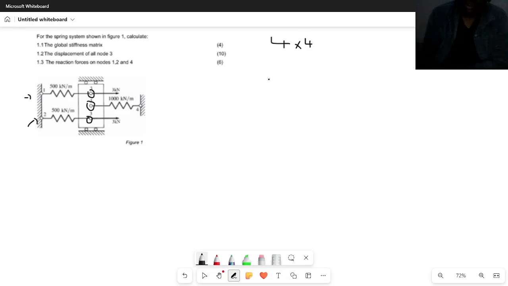So we look at each system and then we expand it. We can call this one system 1, system 2, system 3. You have the freedom. Easy as that. You write K1. What is the spring of K1?